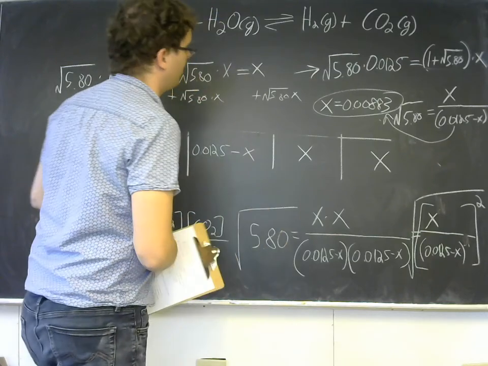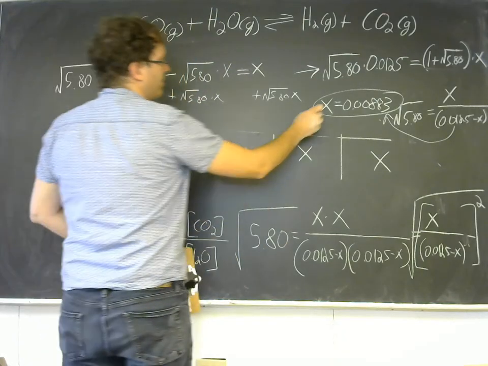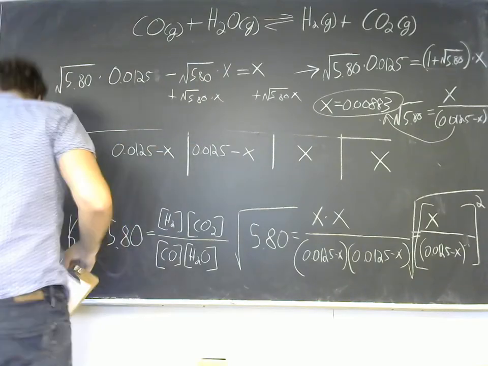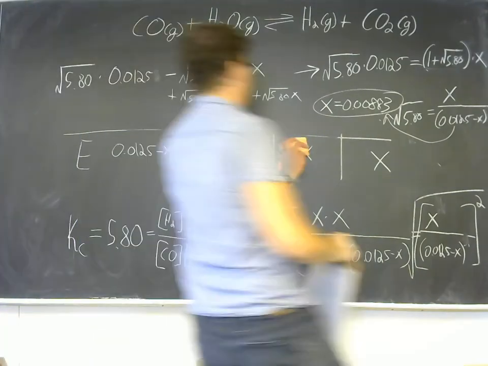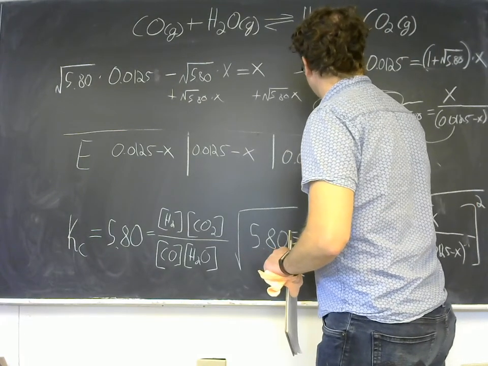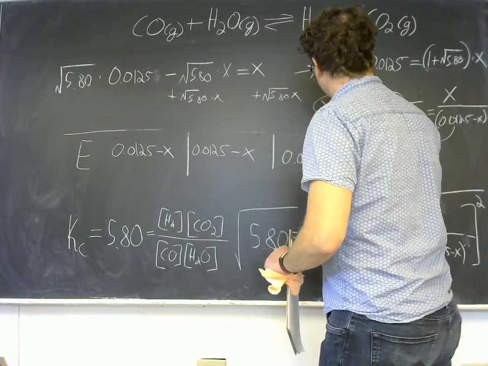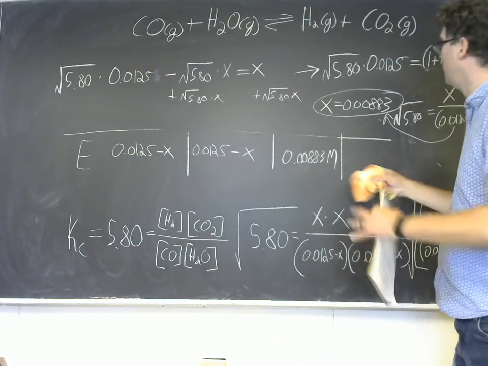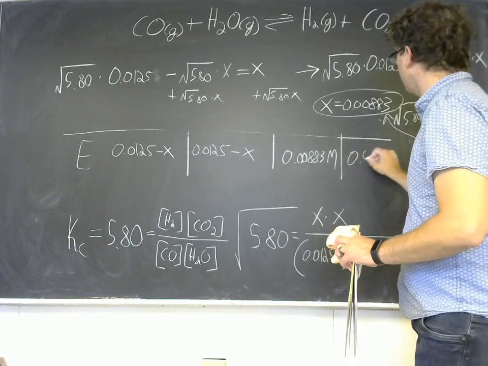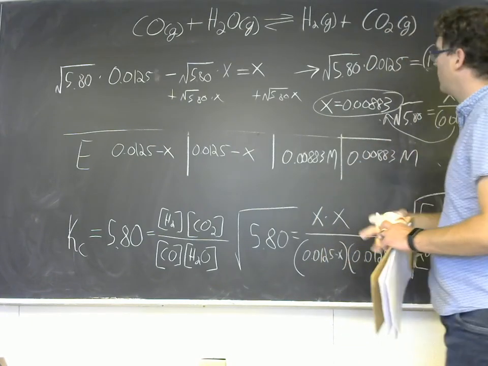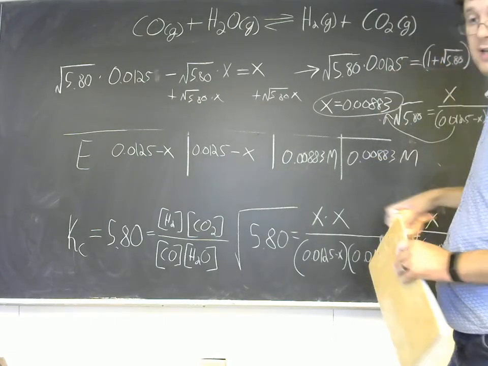All right, now that we have the value for x, we can return to our equilibrium conditions, and we can begin to put actual concentrations in here. That would be 0.00883 molar for the hydrogen gas, 0.00883 molar for the carbon dioxide.